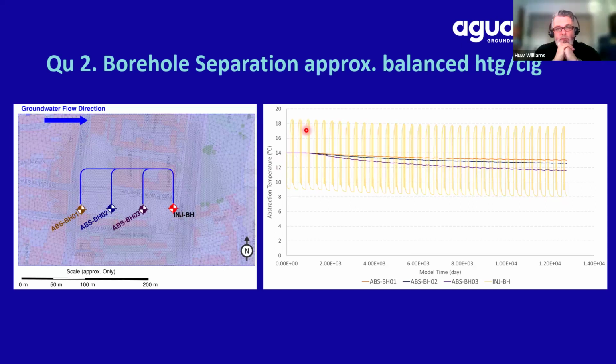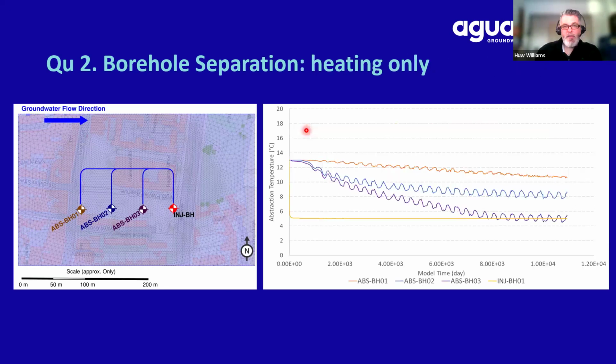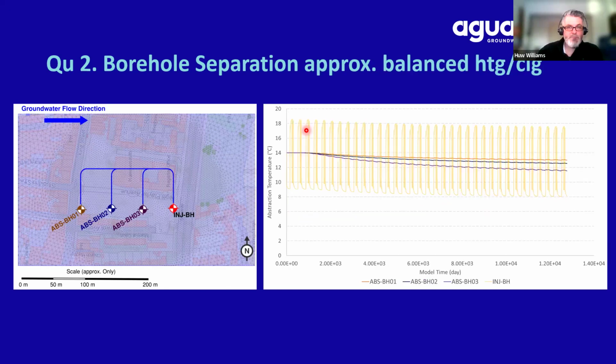So the first thing you'll notice is that with a balanced heating and cooling load, the overall impact on our abstraction temperature is significantly less than the impact we have on a heating only system. And the reason behind that should be fairly obvious. The injection borehole is putting in equal amounts of warm and cold water.